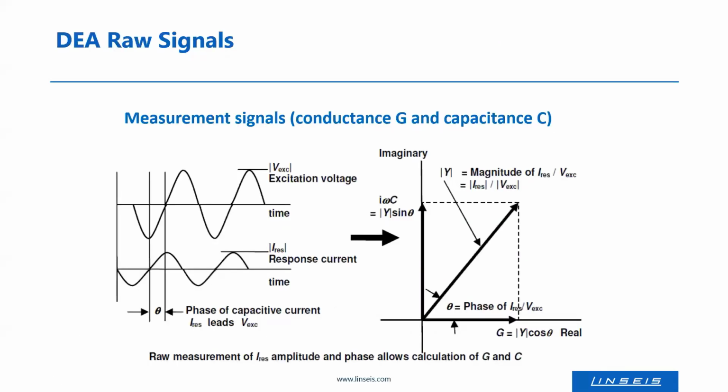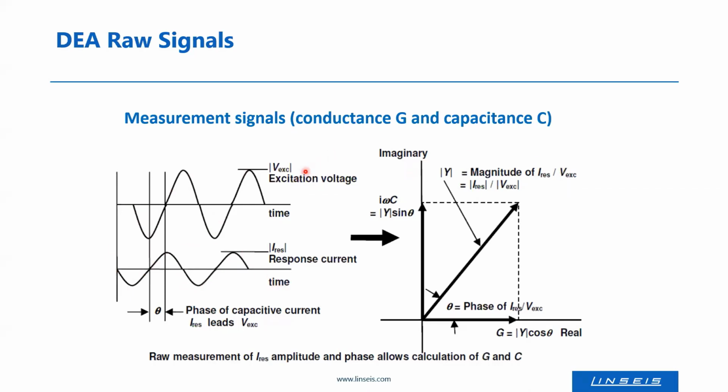A little bit of mathematics, but I do not want to go too deep into the theory, which is not necessary to understand what's going on here. But some equations we have to go through. When you look here at your input signal, that's a sinusoidal voltage. The result, what you measure, is also a sinusoidal current.